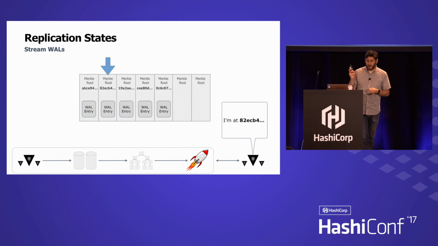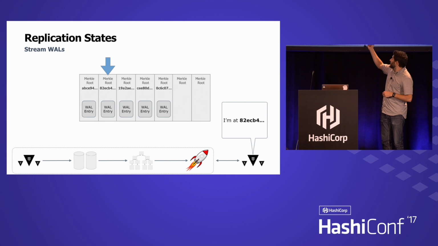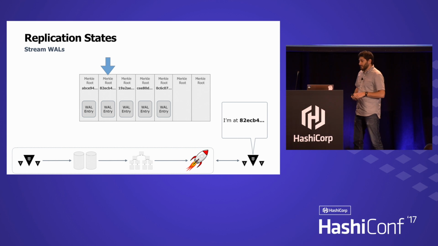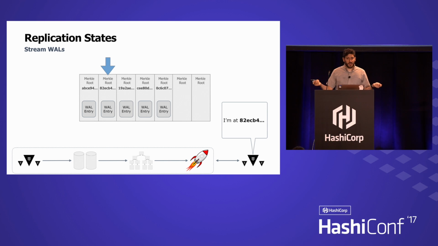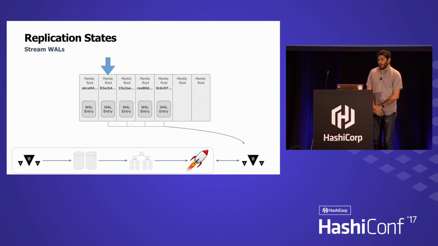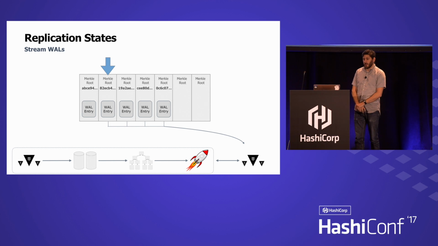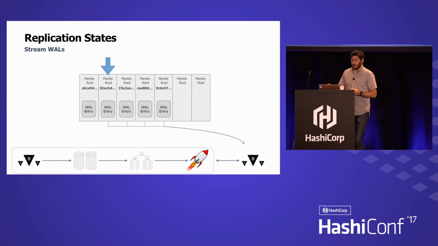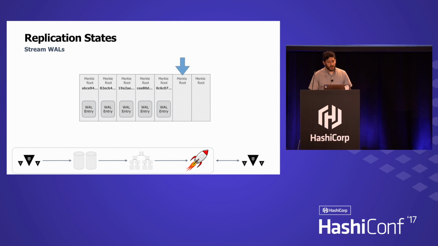And so if it finds a match, it means the location here where the hash equals 82ECB4, that at that point in time, the two clusters were the same. But since then the primary has gotten 4 more WAL entries. And so the primary will then send those 4 WAL entries down. And after sending them down, the primary and the secondary should be in the exact same state.